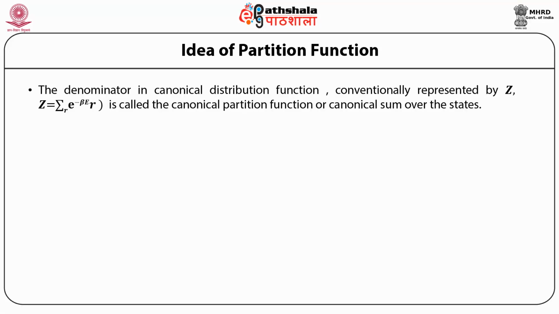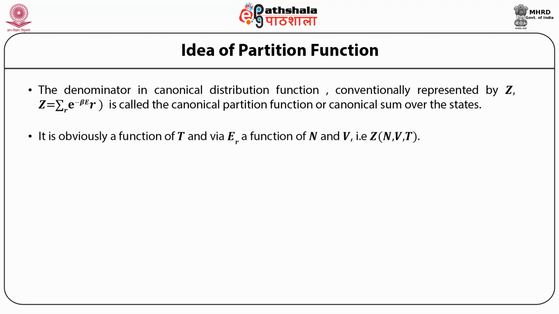The denominator in the canonical distribution function, conventionally represented by Z, that is, Z is equal to the summation over R of e raised to power minus beta ER, is called the canonical partition function or canonical sum over the states.